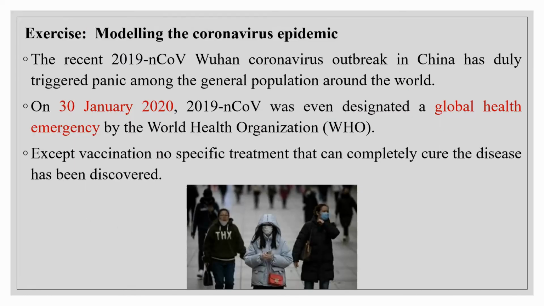So now after watching this video, I want you to do some exercise. You know that recently coronavirus hit and it is causing panic and death all over the world. On 30th January 2020, WHO also designated it as a global health emergency. We also know that except for vaccination, there is no specific treatment that can completely cure the disease.